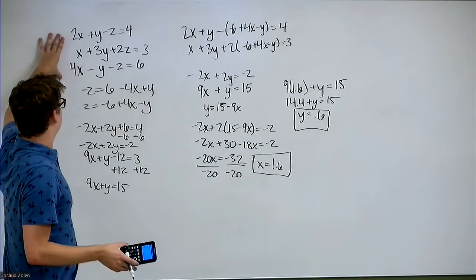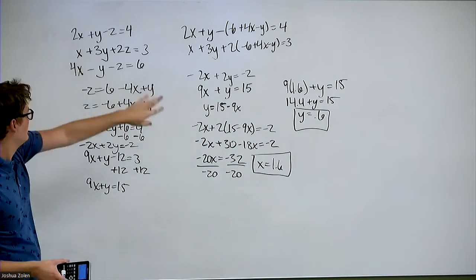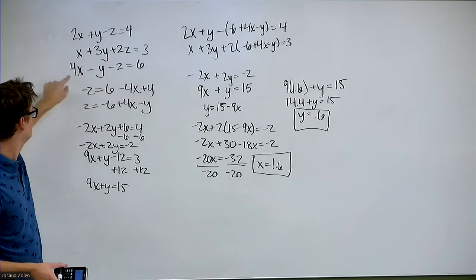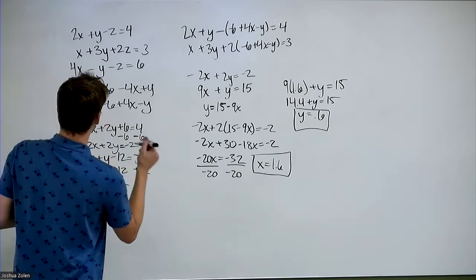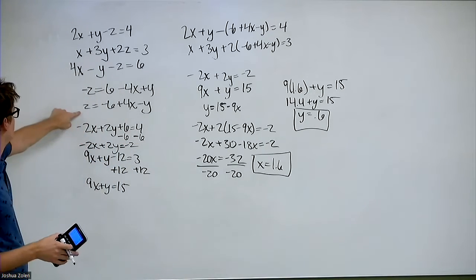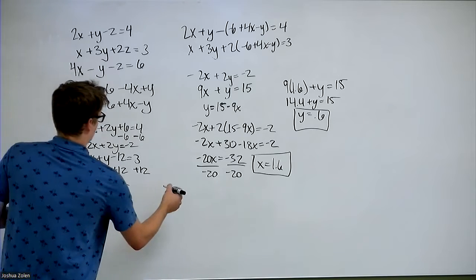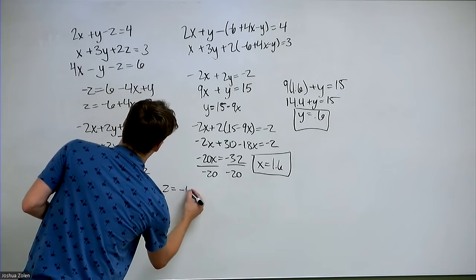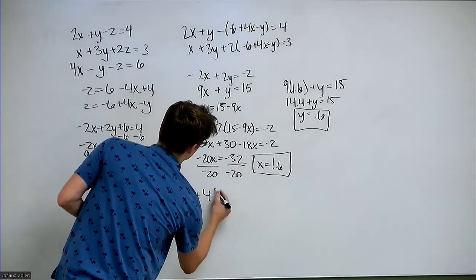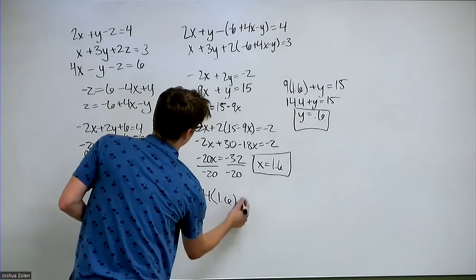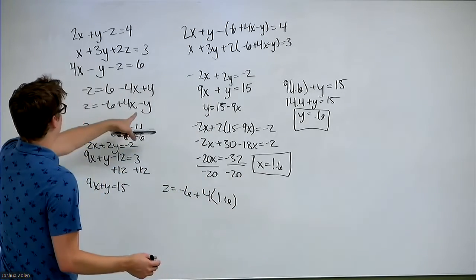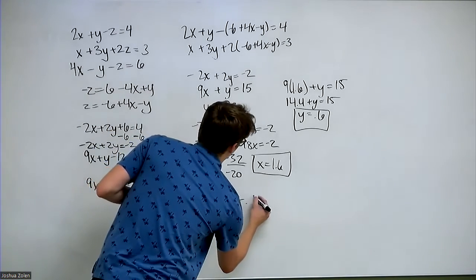Now we'll go back to one of these three equations that has z in it, and we'll plug in both those variables to figure out z. Actually, since we already solved for z right here, let's just use this one. So we're going to have z is equal to -6 plus 4 times our x, which is 1.6. And then minus our y, which is 0.6.